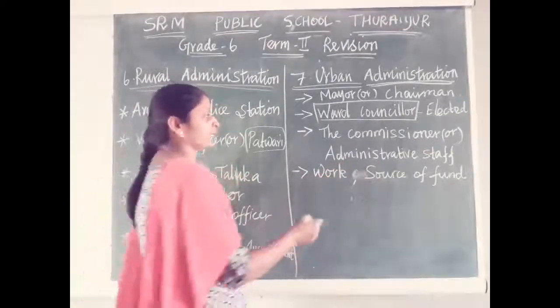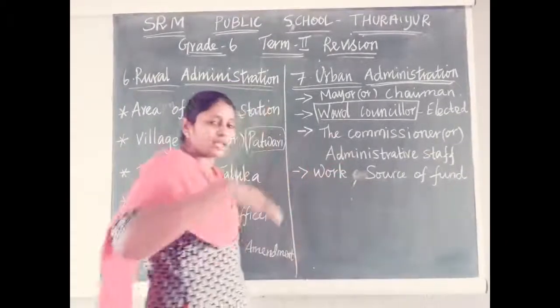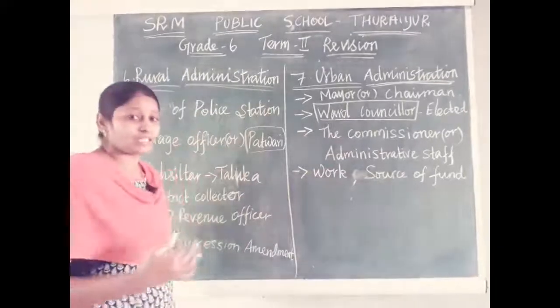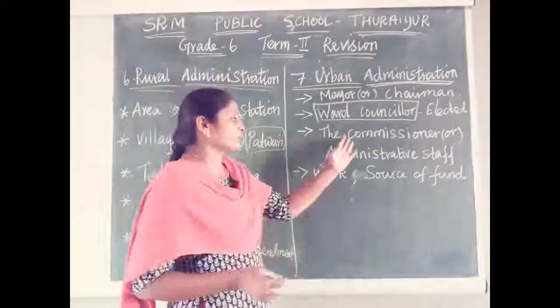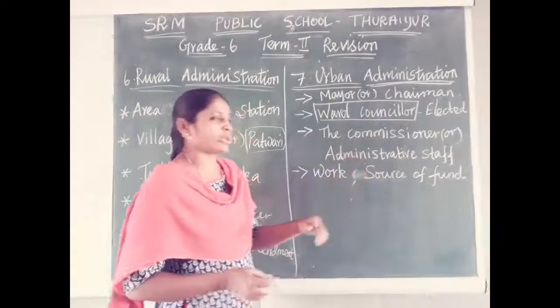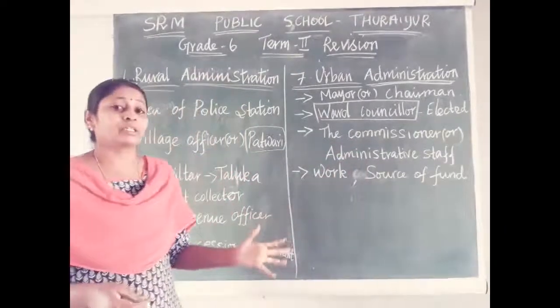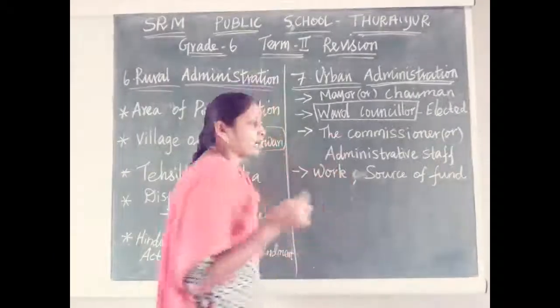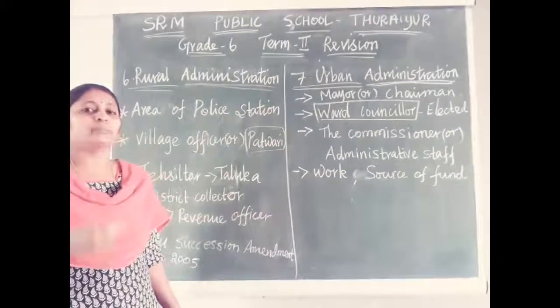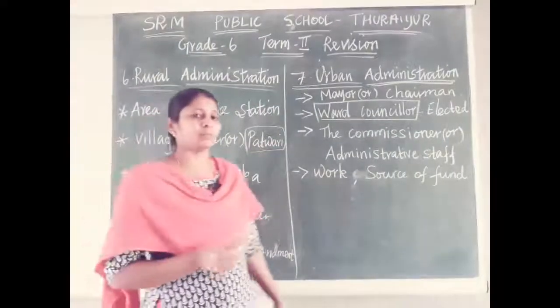Okay, just listen. As in Panchayat Raj we have a secretary, in urban administration we have the commissioner and administrative staff. The commissioner and administrative staff are appointed by the government.